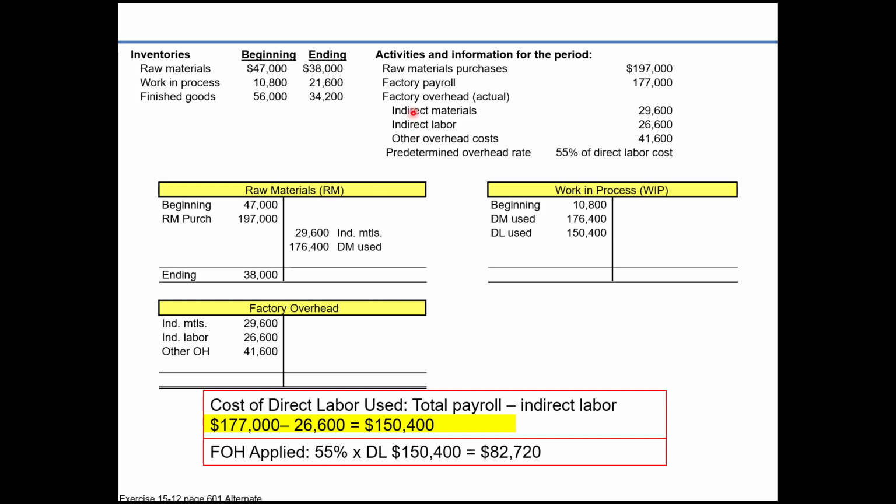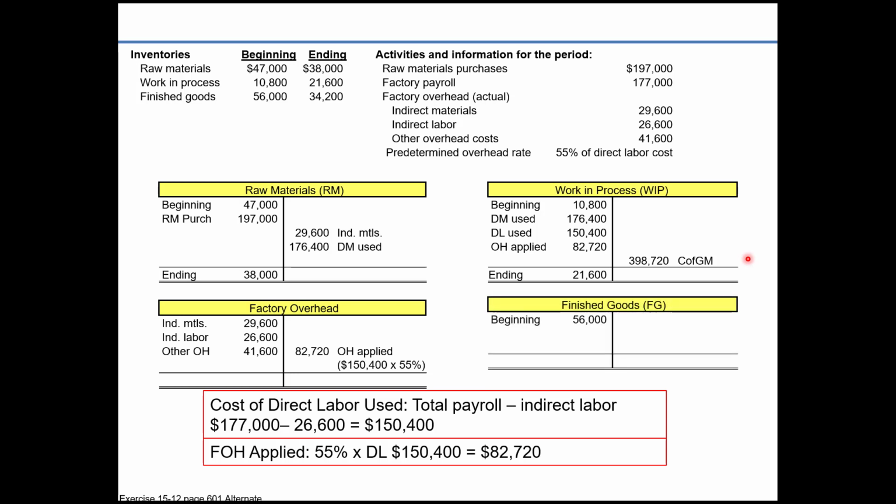The other overhead cost, these are all actual costs that are debited. Then we take out the amount that we applied, and that's going over here into work in process. Then we can add these up and subtract to get our cost of goods manufactured, which we did in the previous slide.